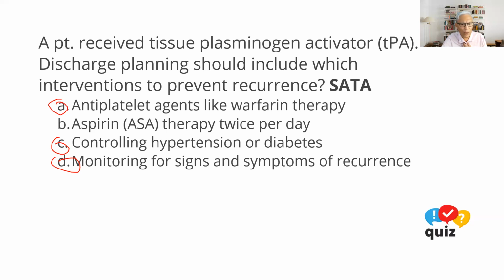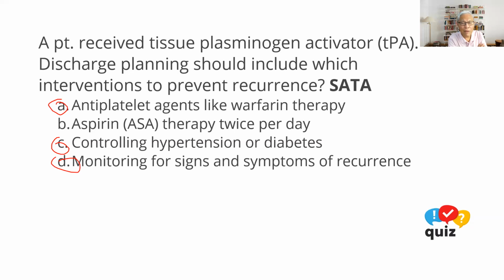Okay? Now, aspirin twice a day has been found to be of no use. The reason for that is that when you use aspirin twice a day, it predisposes you to other complications. And what are those other complications? Well, GI bleeding for one.